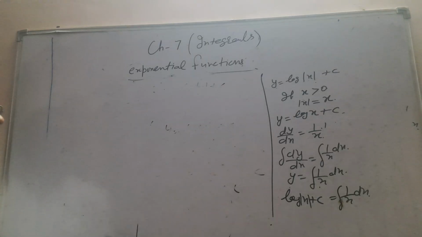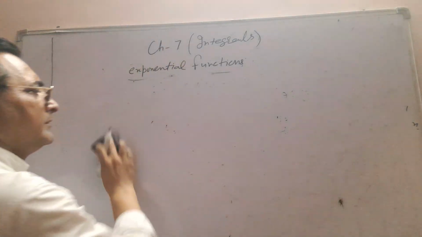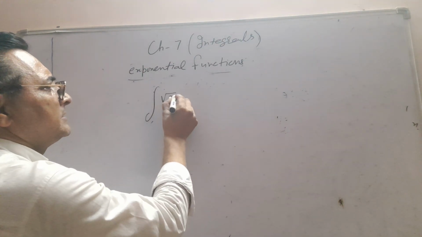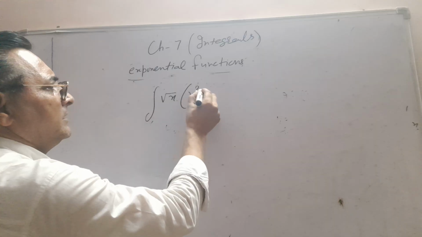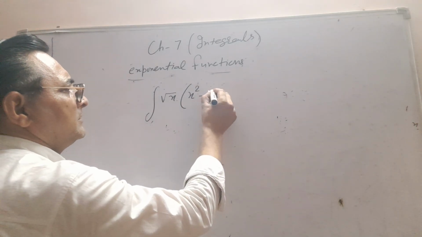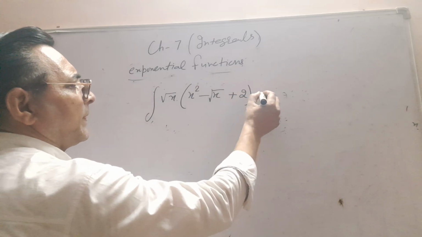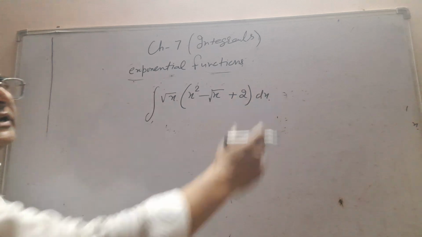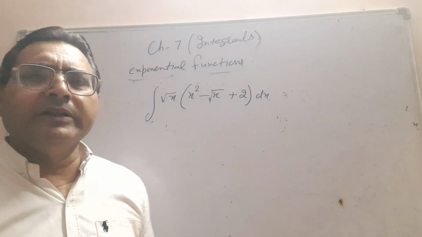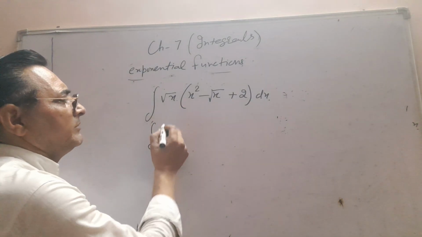Now come to another question. Suppose there is a question: integrate root x into (x square minus x minus root x plus 2). What will you do? First of all, we will simplify it. Open the bracket. Root x has power 1 by 2.